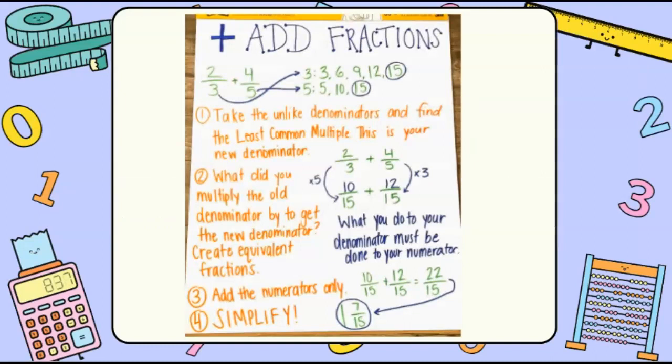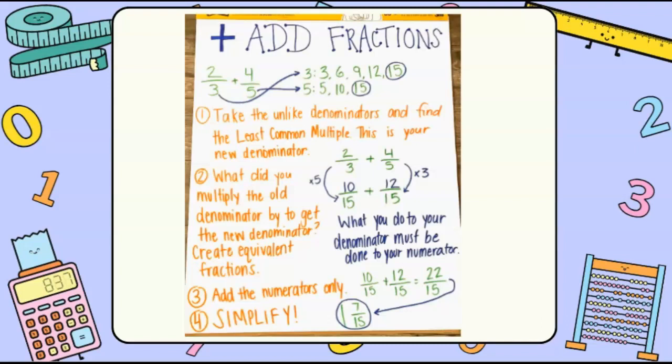Our anchor chart for this skill tells us the steps on how we're going to find the least common multiple, and then what we do after we find that least common multiple. So we can see step 1, we look at the unlike denominators, which means that the two bottom numbers in the fractions are not the same.